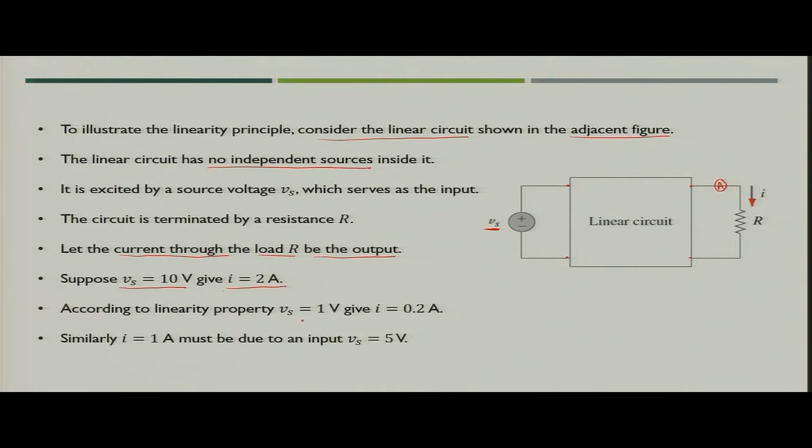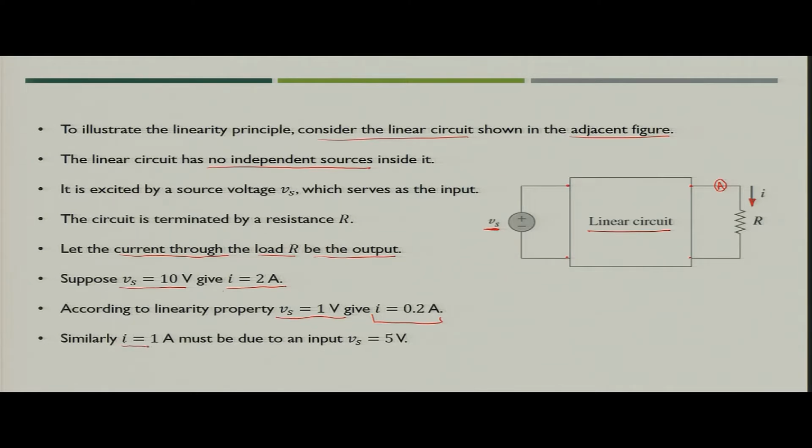Suppose you are asked to find the value of current I when voltage Vs is 1 volt, and you know that this is a linear circuit. Without doing the experiment you can straight away say that the current flowing through that resistor would be 0.2 ampere when a voltage source of 1 volt is applied across the input terminals.